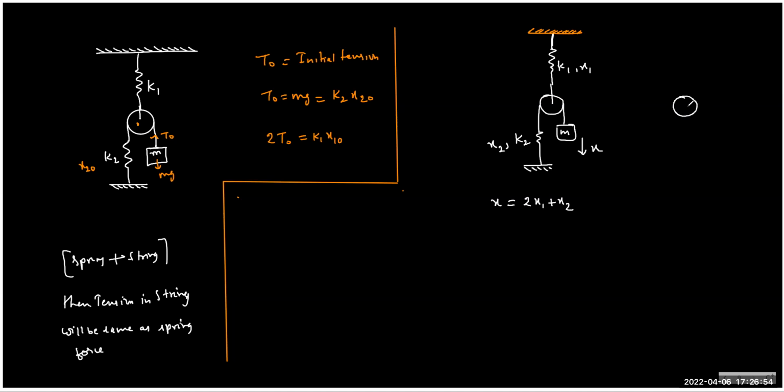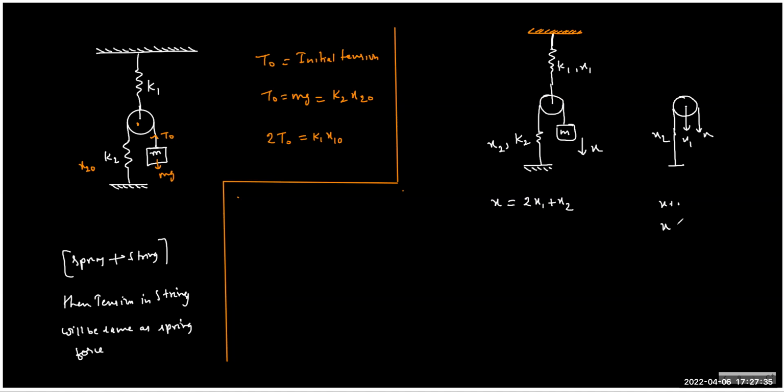So for this pulley, if you draw the diagram, the pulley is going down with x1. This is elongating, and this is the elongation x2.